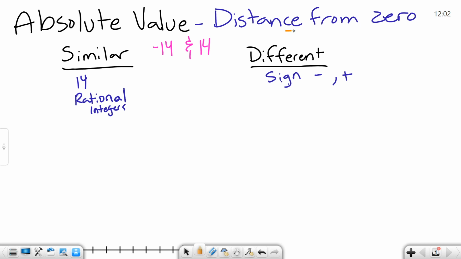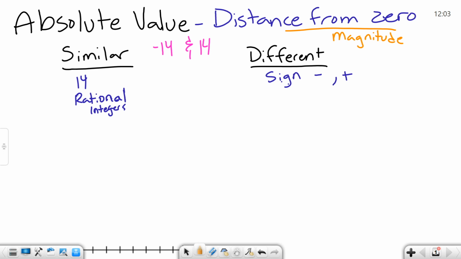The first one is that distance from zero is usually called magnitude. So if you ever read magnitude, it's either going to mean distance from zero or orders of magnitude, which we'll talk about in the next section on operations with real numbers.